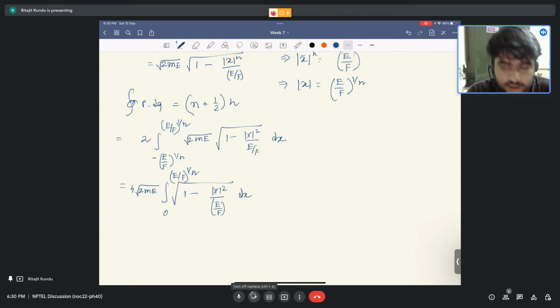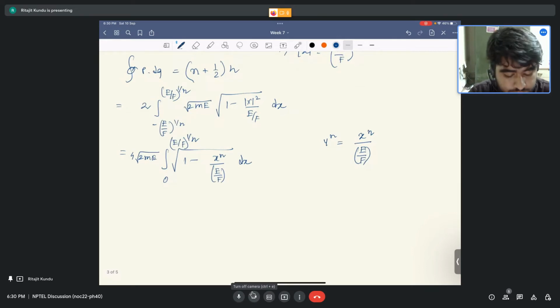Now let's do a change of variable. I want to define y to the power n to be x to the power n by E by F. So I am again reducing it to the standard form.